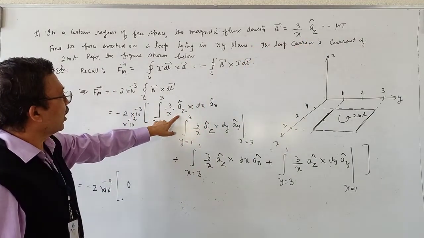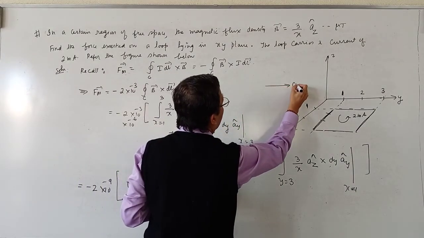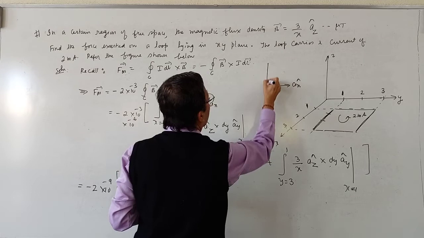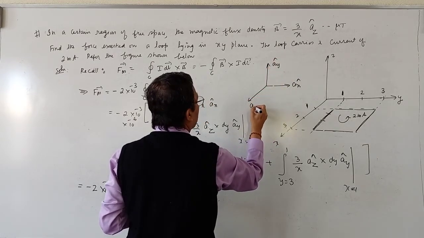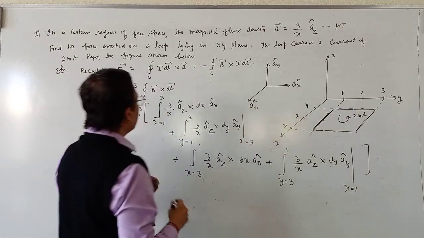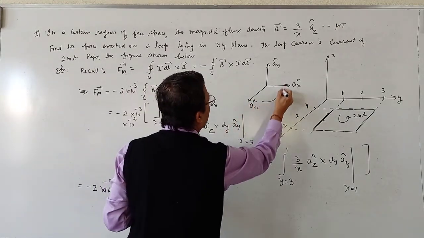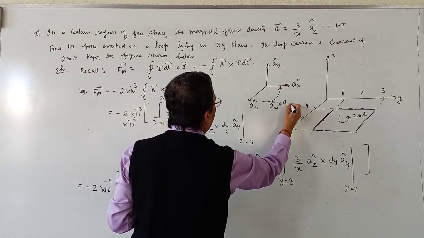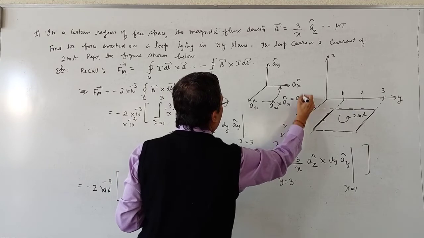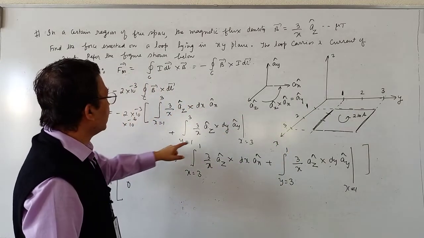Now what is Az cap cross? Let me draw three orthogonal vectors. This is Ax cap. Let us say this is Ay cap and this is Az cap. See, Az cap cross Ax cap is equal to Ay cap because you are traveling anti-clockwise.